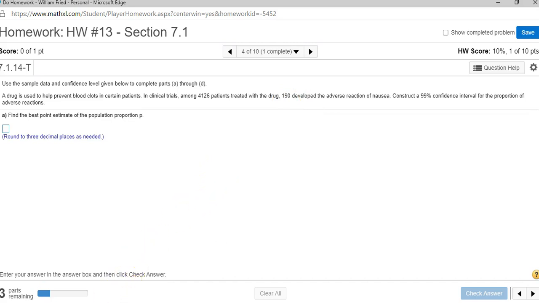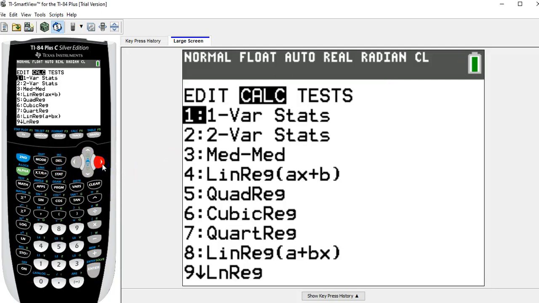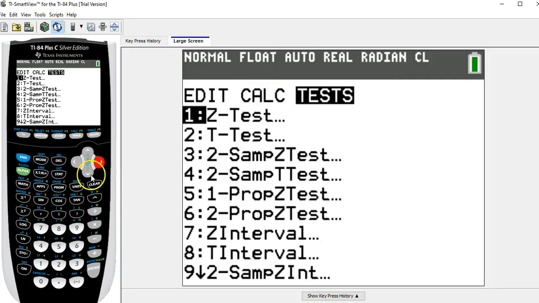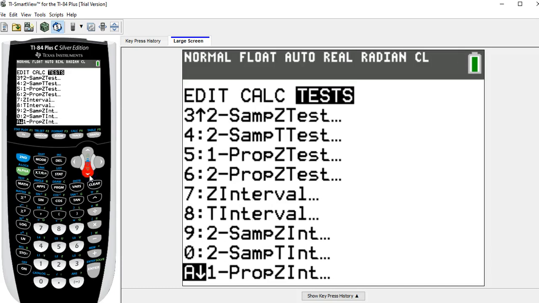So for this one, I'm going to go to the calculator. Again, I'm going to go to Stat, Tests, and I'm going to arrow down to 1-PropZInt.